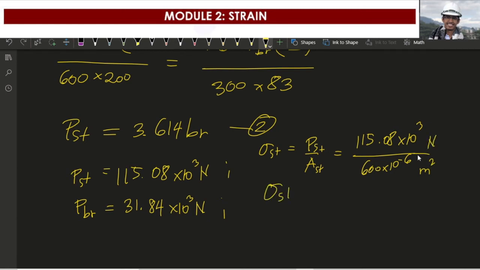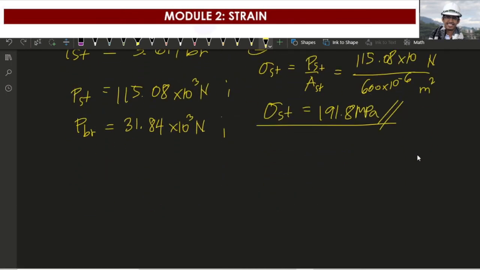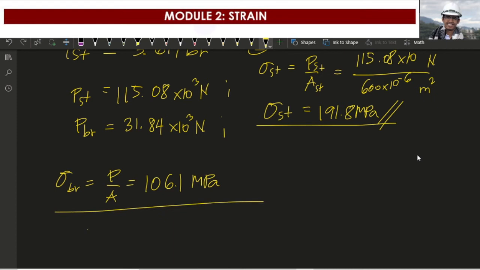Therefore, stress ng steel natin is equal to 191.8 megapascal. Okay? And for the stress of the bronze, force over area ng bronze. So, that will be equal to 106.1 megapascal. Okay? So, substitute nyo na lang yan. So, same lang din. So, this will be our final answers.